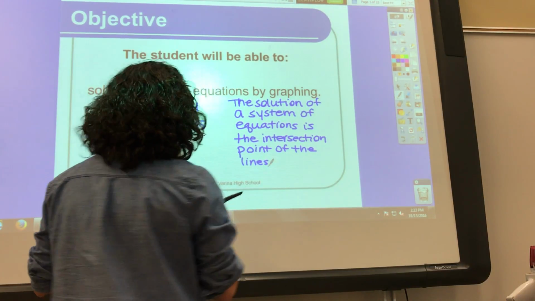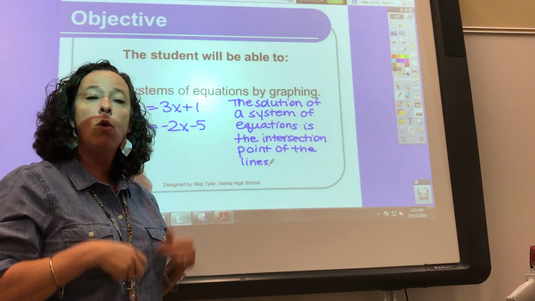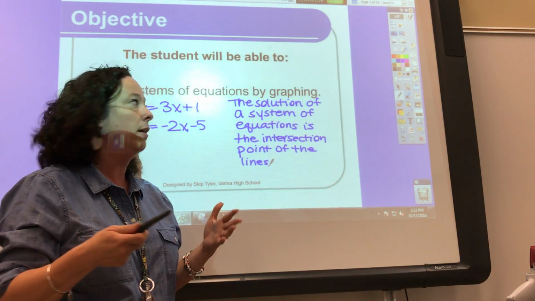Okay? So when I ask you to solve a system of equations by graphing, we're going to find the intersection points by graphing. Okay?